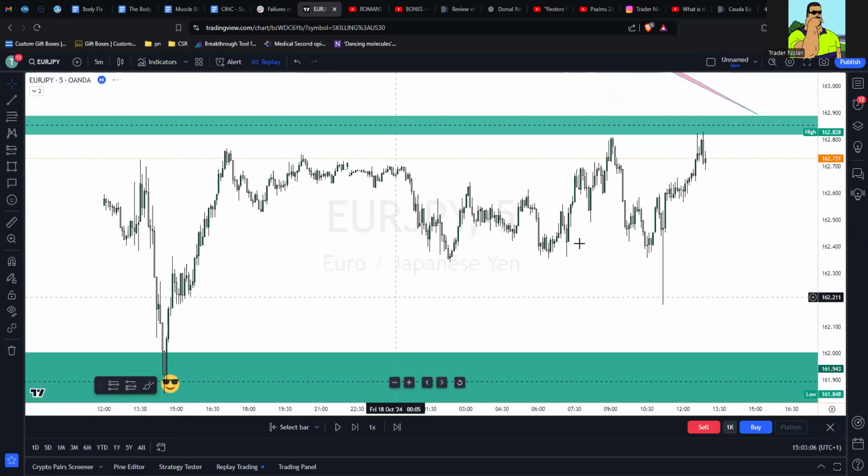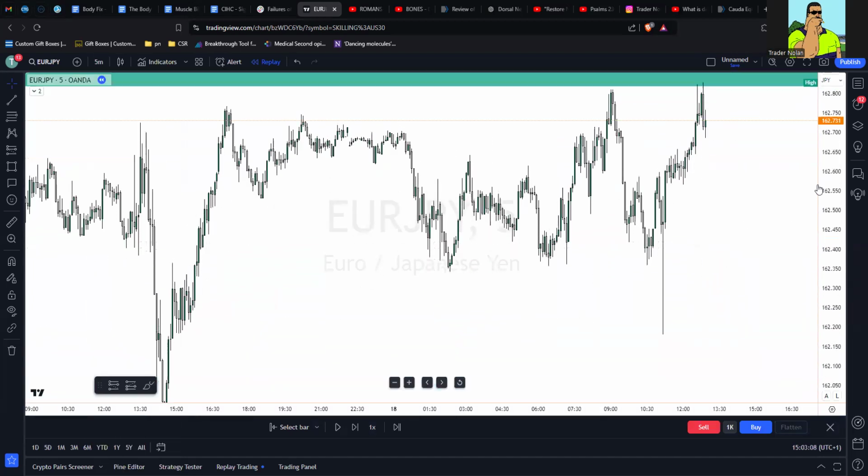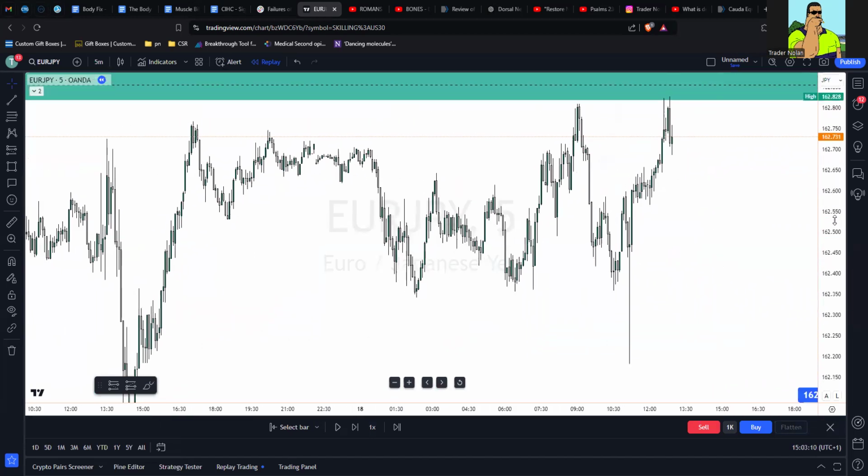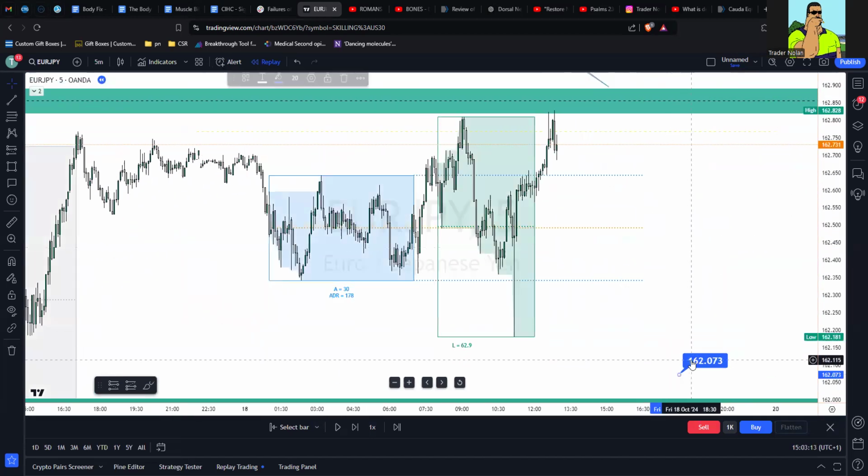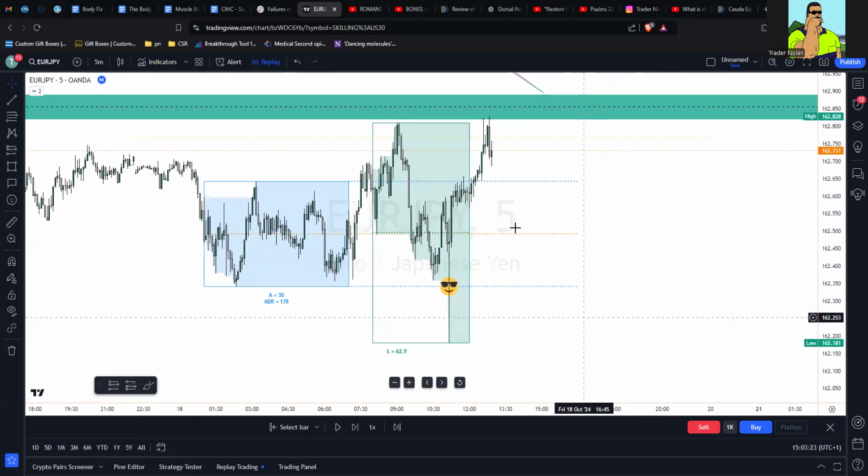So on the 5 minute, what I saw is as follows. We have a target down here to fill at least half of this wick. So this was the target. There's also potentially an outstanding area below. So here, there's trend lines.